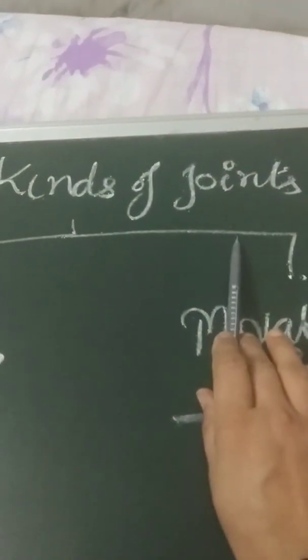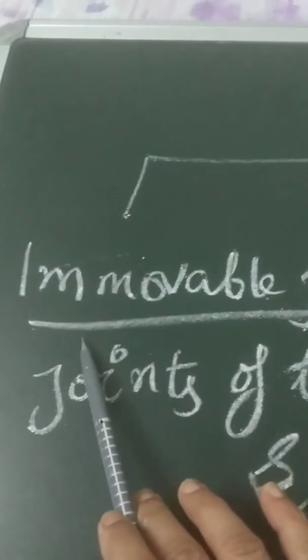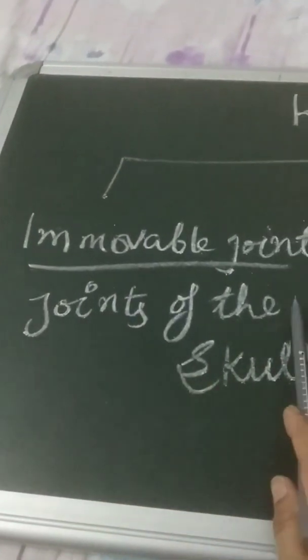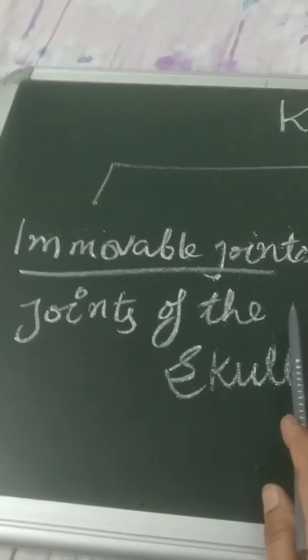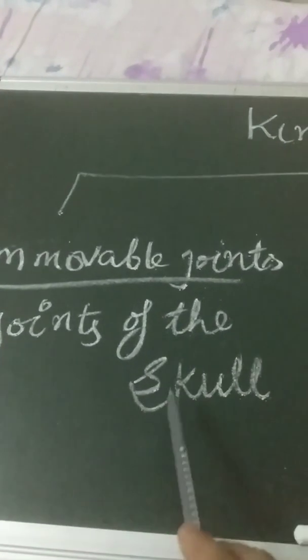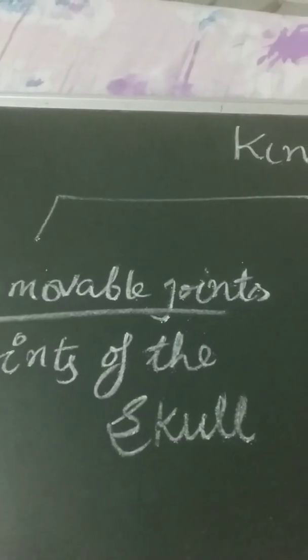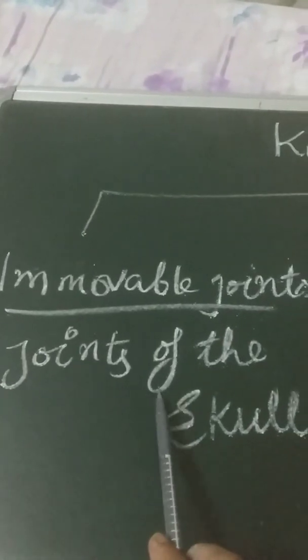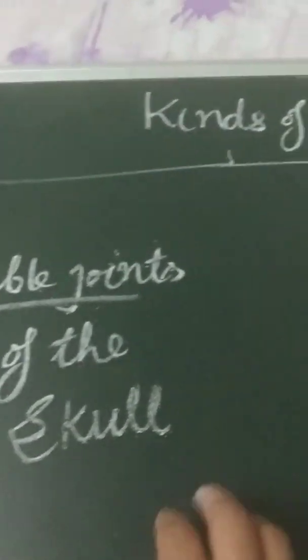Kinds of joints: immovable joints and movable joints. Immovable joints are present in the joints of the skull.